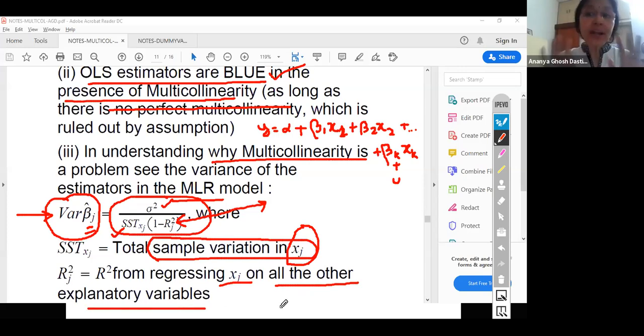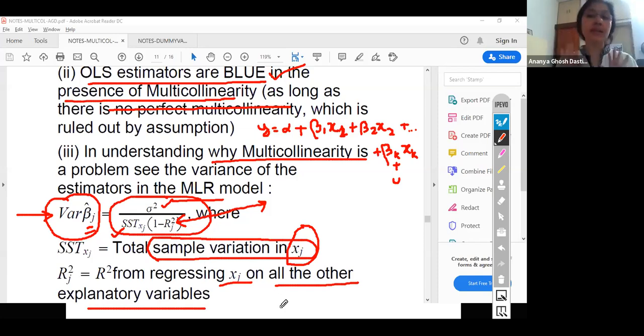I'm not running such a regression, but I can run such a regression. And you have to run such a regression when you are calculating the variance of beta hat j. So your package is doing it. When the package is reporting standard errors, it's actually running all these regressions in the background, and then it is giving you the standard error. So please understand this.